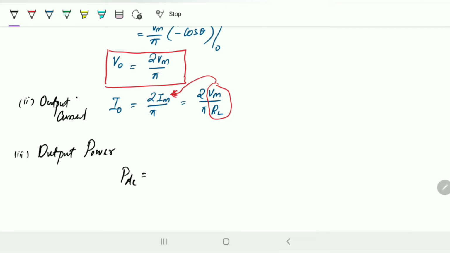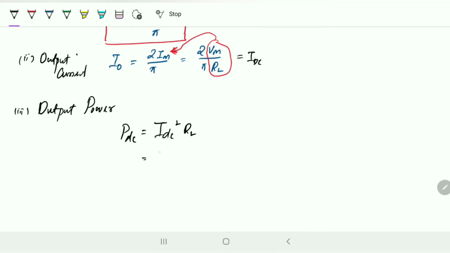IDC is the same as I naught, so PDC is 2 Im by pi, the whole square, into RL.